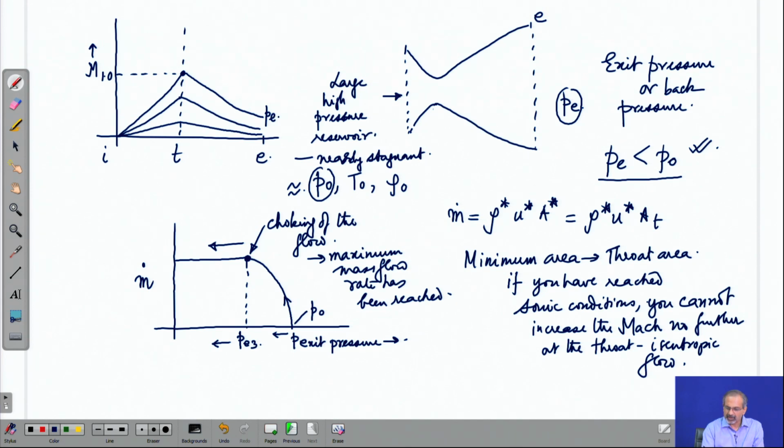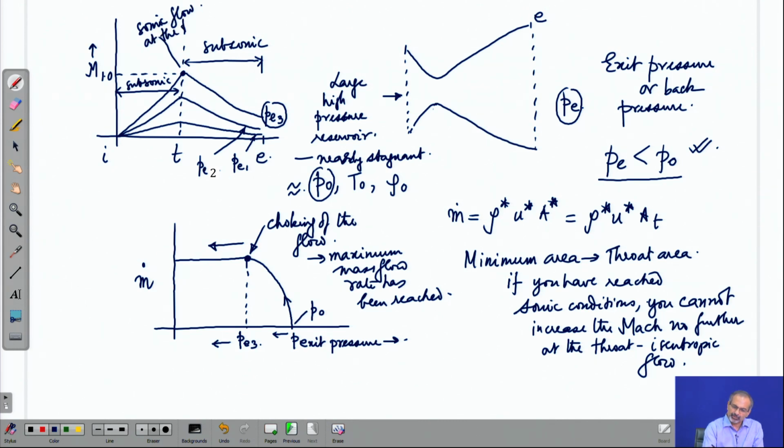Corresponding to that, we will mark a pressure here for which it has been reached. So, you can mark two different other pressures, say P1, PE2, for which these Mach numbers have been achieved, and every time you have a subsonic flow here as well as a subsonic flow here upstream, but you just have a sonic flow for PE3 back pressure at the throat, and that is where the throat gets choked.